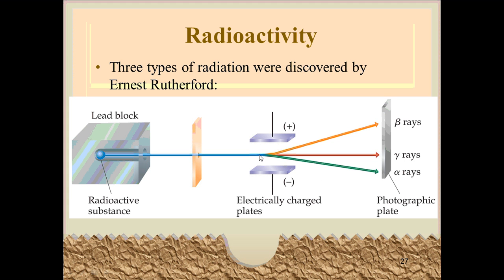Now, based on what's attracted to what, if the beta rays are attracted to a positively charged plate, then they must be negative, because remember, opposites attract, and beta rays are in fact negative. Gamma rays don't seem affected by the plates. They have no charge. That is still true. And alpha particles are attracted to the negatively charged plate.